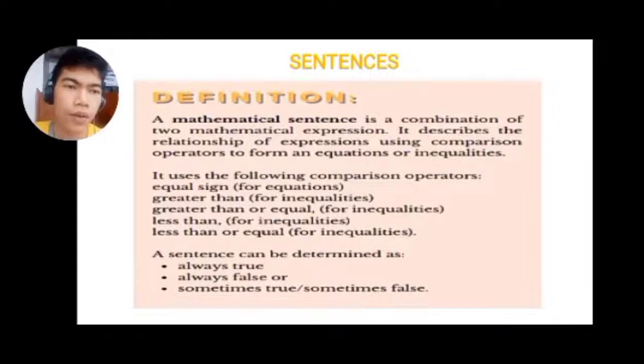It uses the following comparison operators: equal sign for equations, greater than for inequalities, and greater than or equal for inequalities, and less than for inequalities also, and less than or equal for inequalities. So, a sentence can be determined as always true or always false or sometimes true or sometimes false. So, ganun po siya.